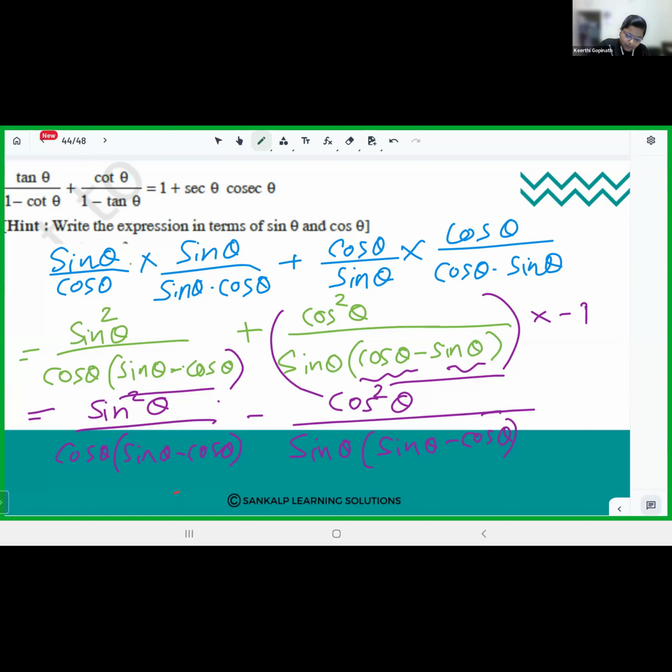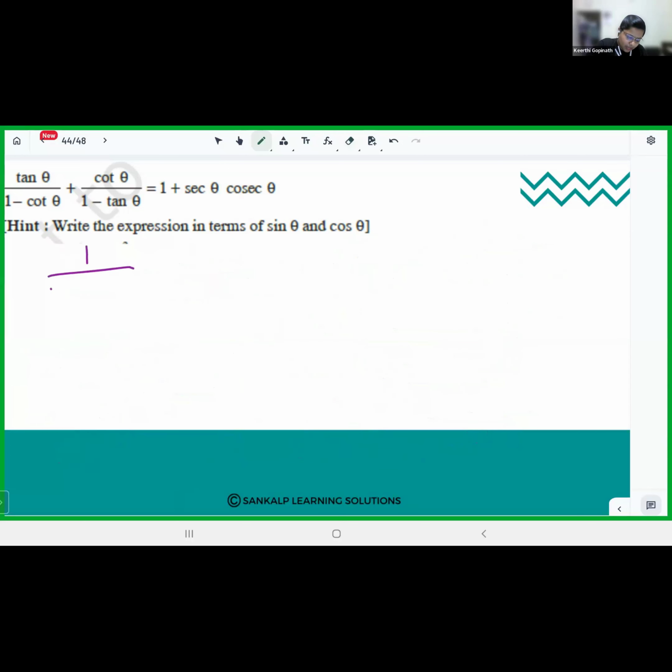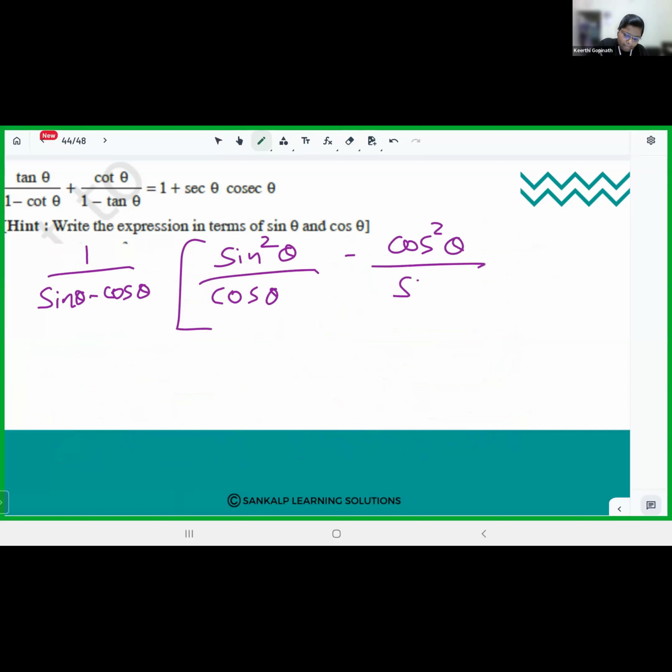So in the next step, I'm taking that outside. It will become 1 by sin theta minus cos theta into the first term, sin square theta by cos theta, minus the second term, cos square theta by sin theta.